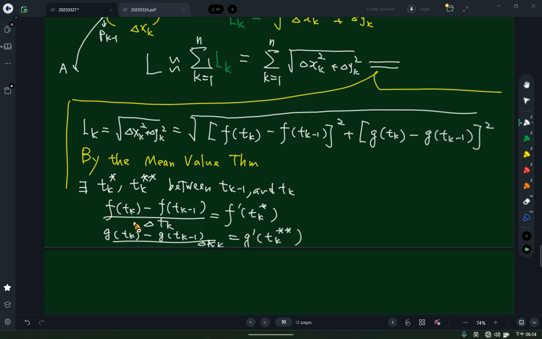So why do I say t_k star and t_k star star? Why did I not use t_k star and t_k star? Because we apply the mean value theorem twice. One is for f, one is for g.